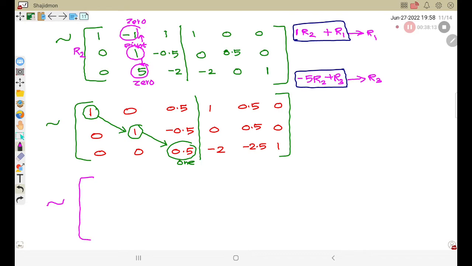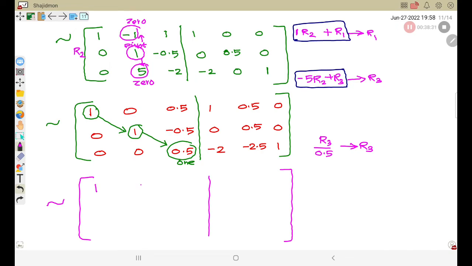So equivalently the matrix, first row no change. Okay, what we will do for making 1 here, third row we need to change. Correct? What we do, third row divided by the same number 0.5. So what answer we will get?